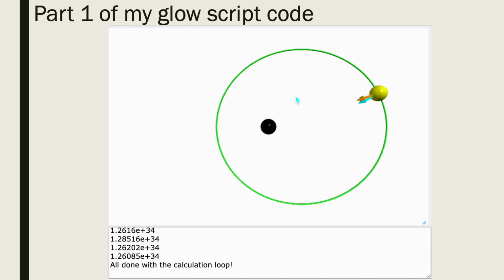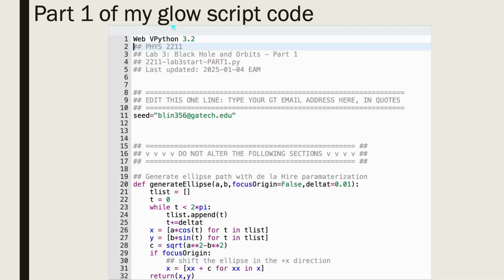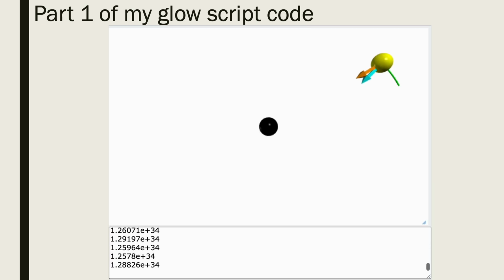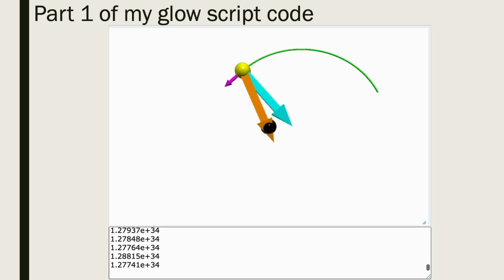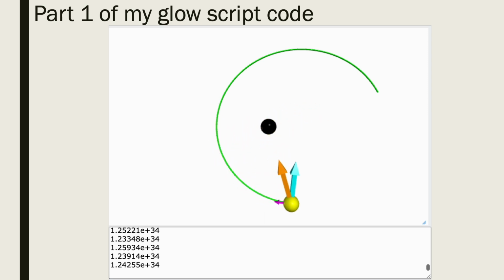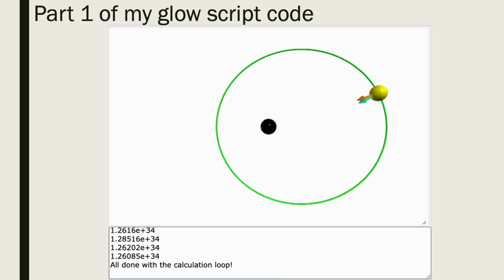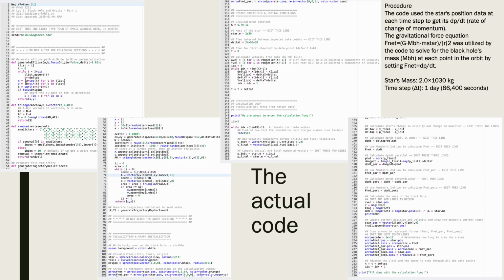So this was part 1 of my GlowScript code. And this is the actual code.